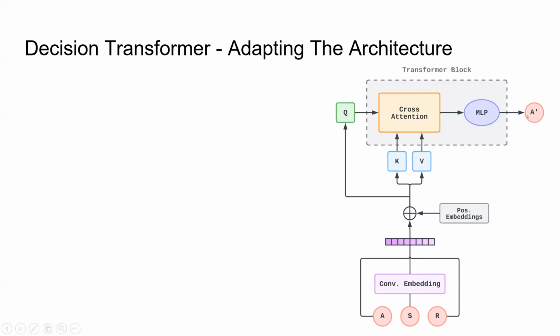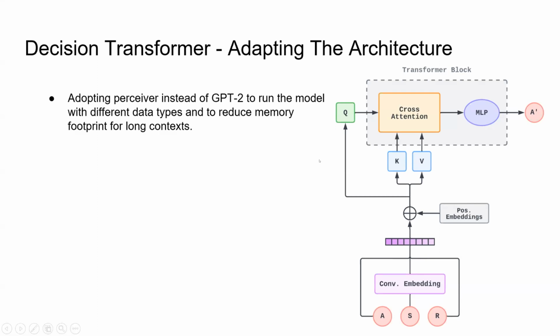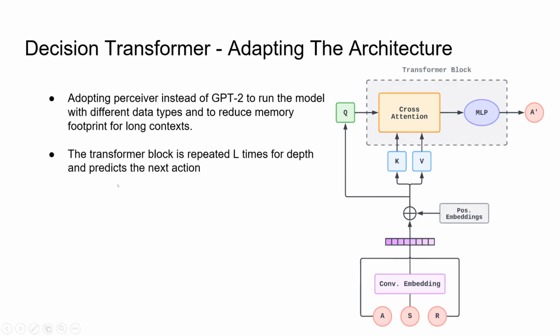And then all of that is just used to compute the next action. So again, we adopted the perceiver instead of that GPT-2 model to run with different data types and to reduce the memory footprint for longer contexts. The transformer block is repeated, I think it's 5 times for the depth, and predicts the next action.